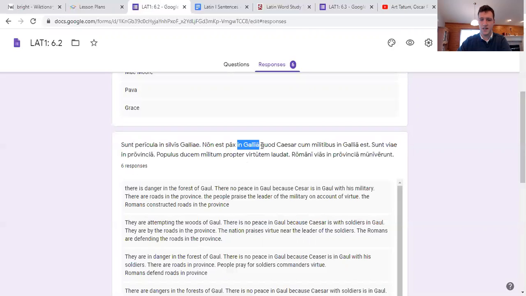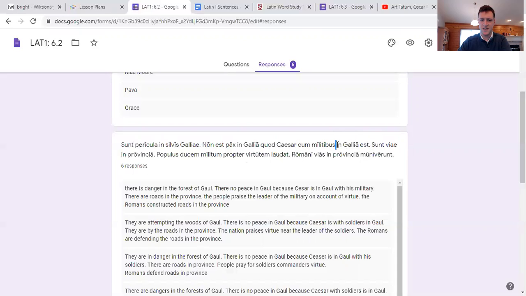Now, quod is going to kick off our subordinate clause. There's not peace in Gaul because, now we have a new subject in this subordinate clause, Caesar. I'm going to jump to the end and take our verb. Caesar is. Remember, Caesar's the subject within our subordinate clause.